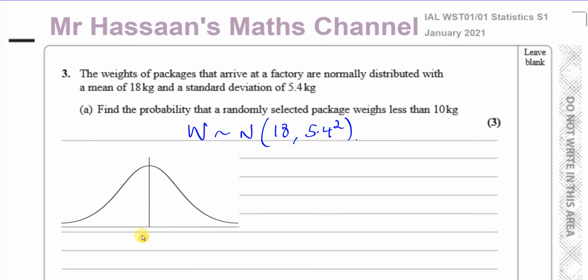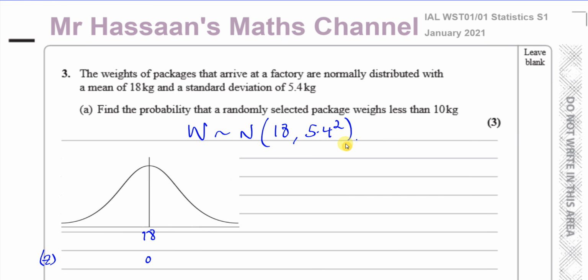So the mean is 18. This corresponds to the z value of 0. The z value tells you how many standard deviations that value is away from the mean, whether it's above or below the mean. So the mean itself is 0 standard deviations away from the mean. This is the standardized value, you could say.